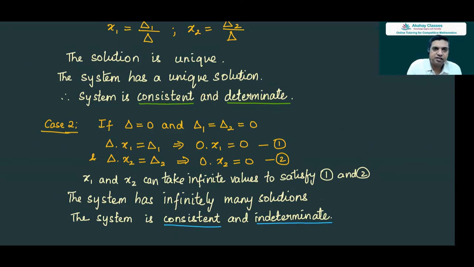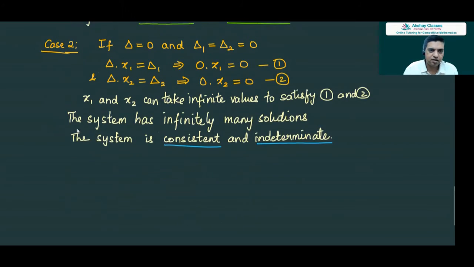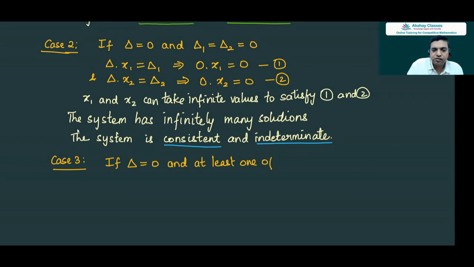All right, the last case. Case 3. Now, if delta is equal to 0 and at least one of delta 1 or delta 2 is not equal to 0. Then what happens? This is interesting.